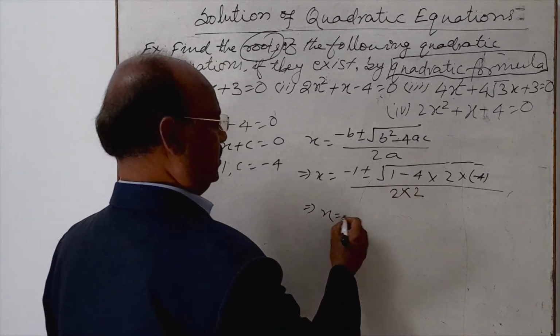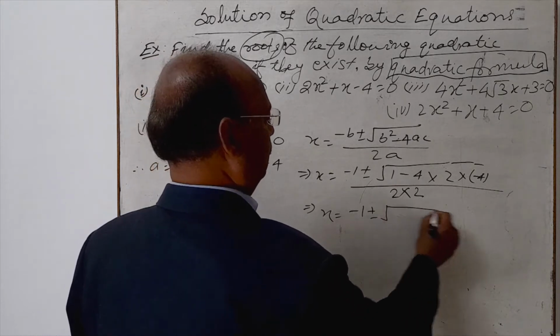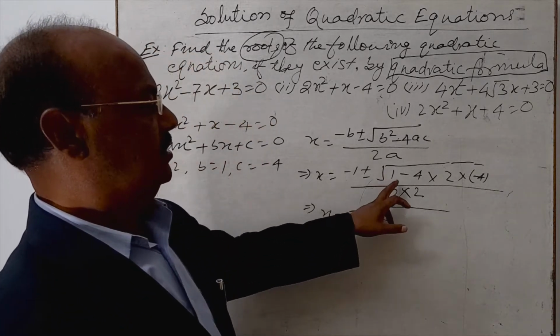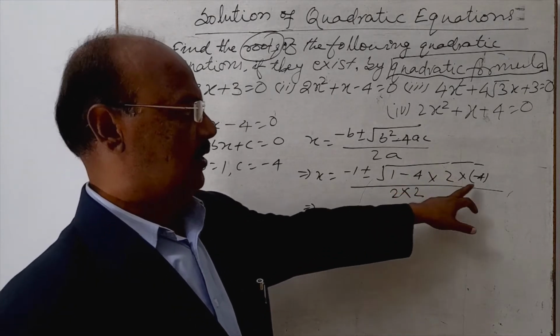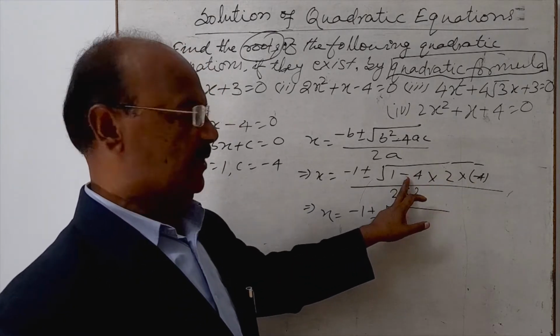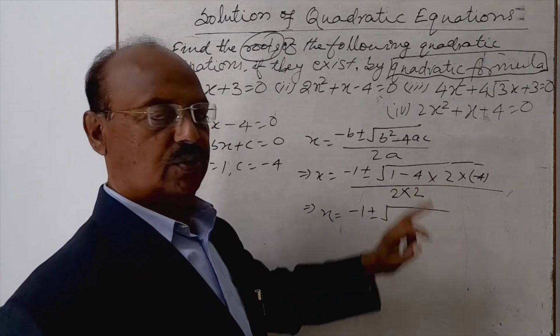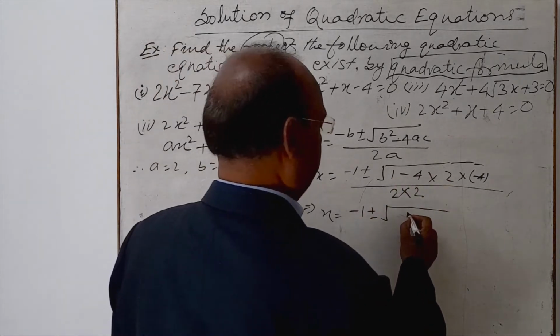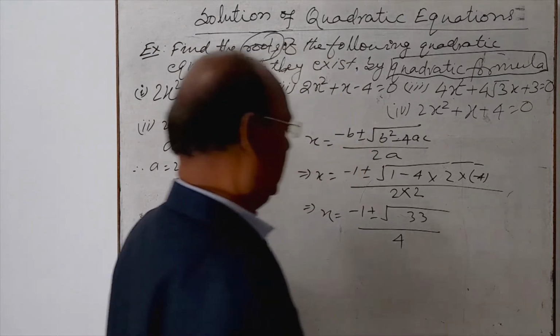So this is x is equal to minus 1 plus minus root over, this is 1 plus, because this minus and minus after multiplication becomes plus, so 1 plus 32 means 33 divided by 4. Correct?